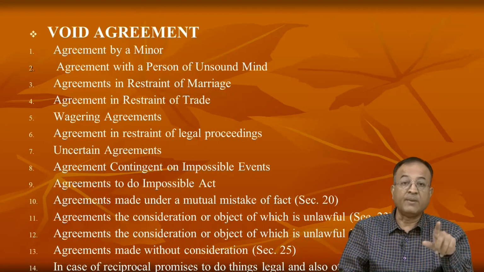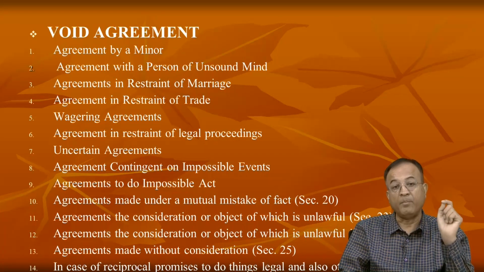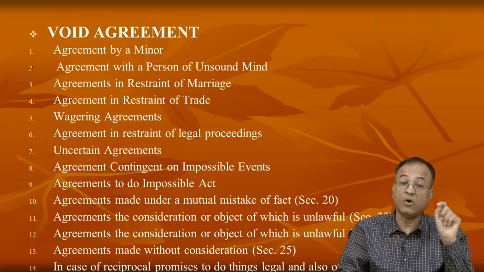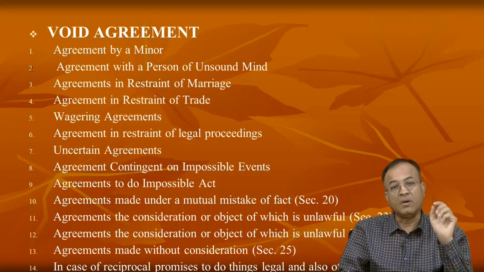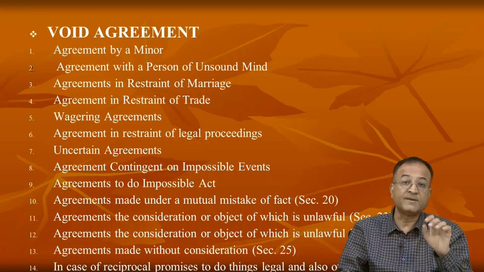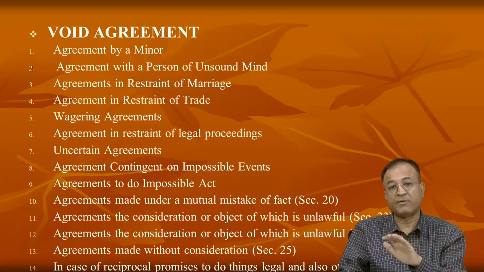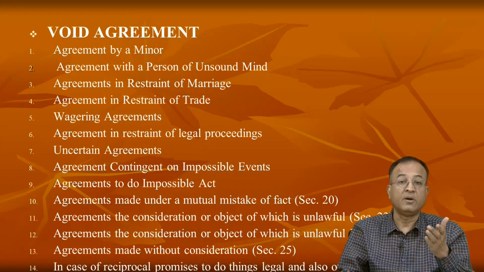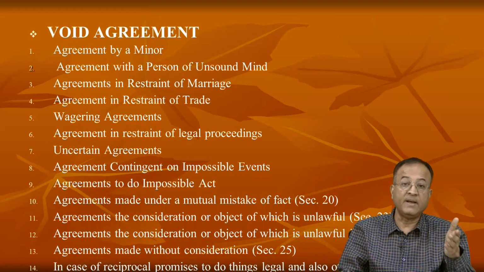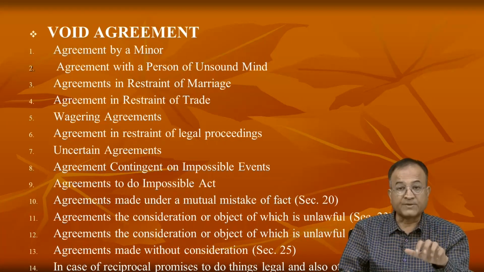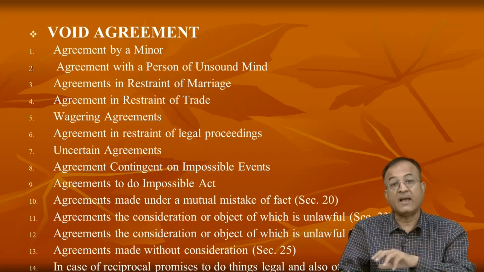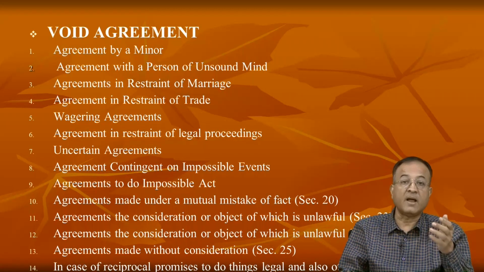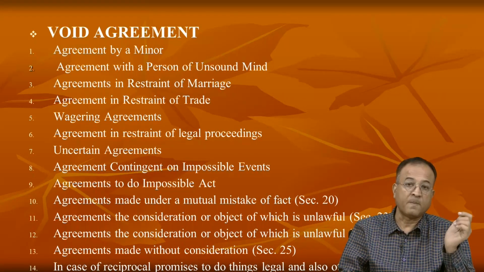10. Agreement made under a bilateral mistake of fact. Section 20. A bilateral mistake emerges when both the parties to the contract have entered into it on the basis of a common mistake regarding something as to the subject matter and performance of the contract.